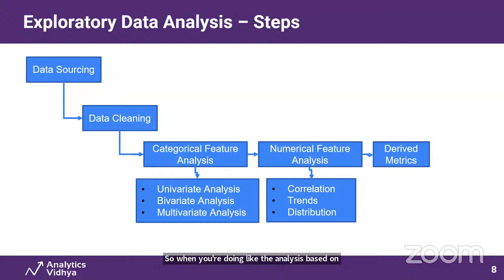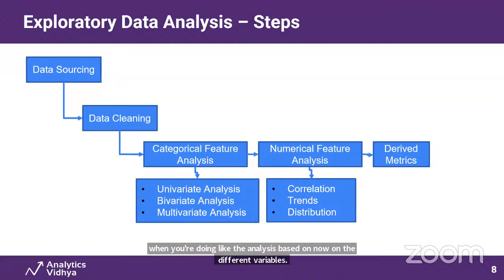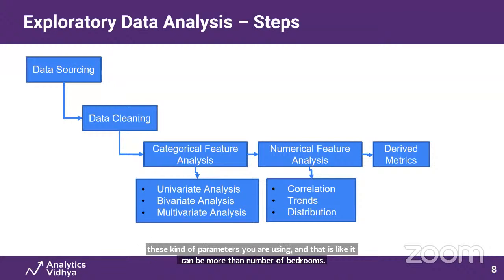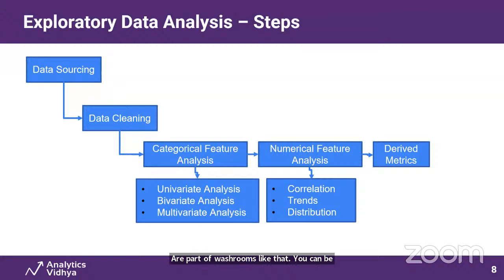Suppose you are trying to figure out the price of a house, and you have used other variables like the floor size, the floor area, or the location. It can be more, like the number of bedrooms, number of washrooms. If you take all these variables together to understand how they are related to the price of the house, then that is a kind of multivariate analysis.